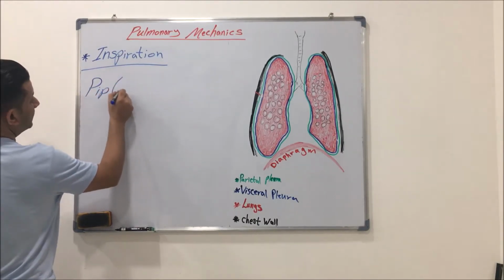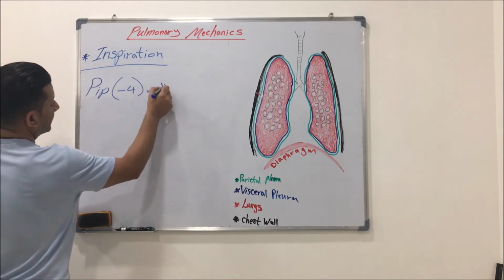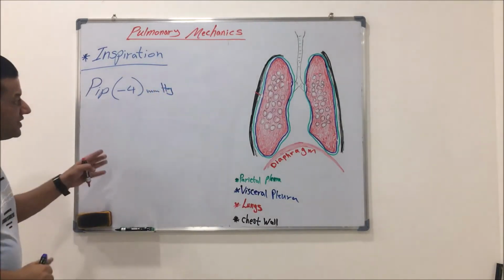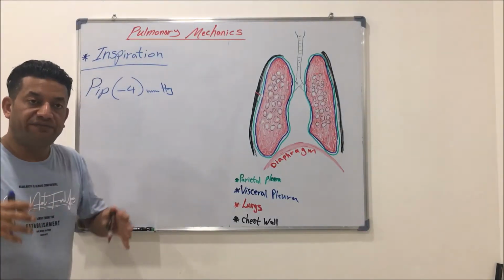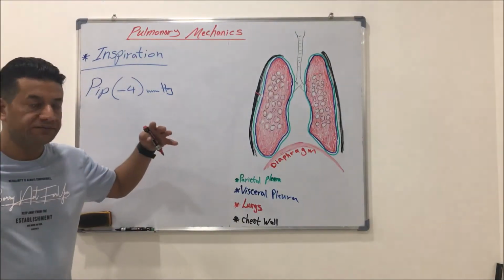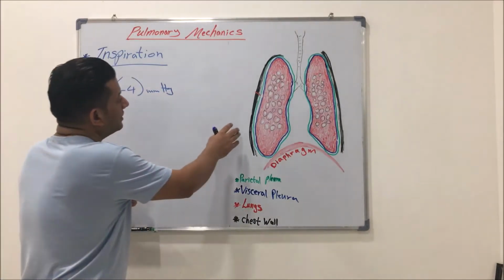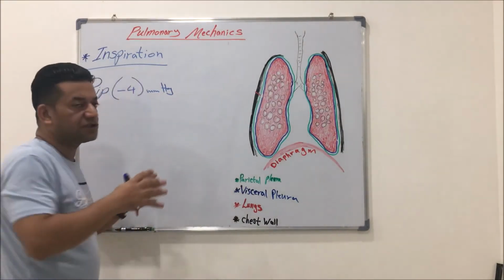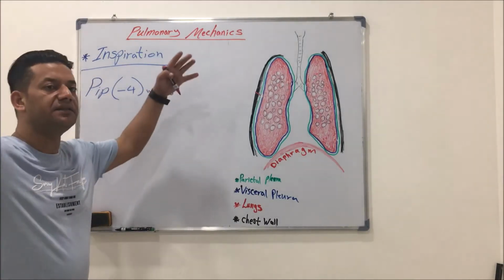So the intrapleural pressure, which is normally -4 millimeter mercury, after the inspiratory muscles have fired, the chest wall now is what? It is dilated and expanded.